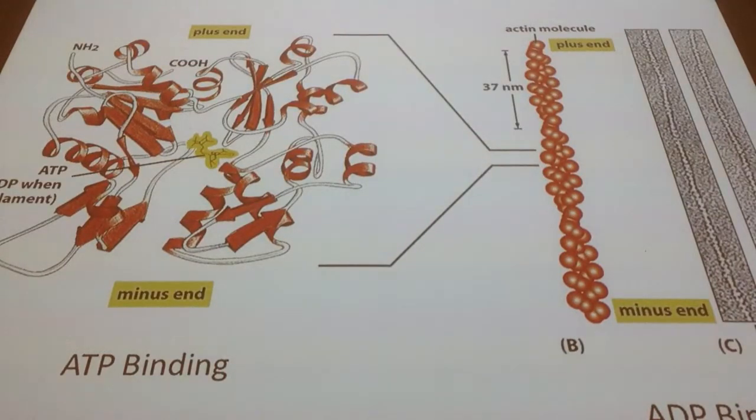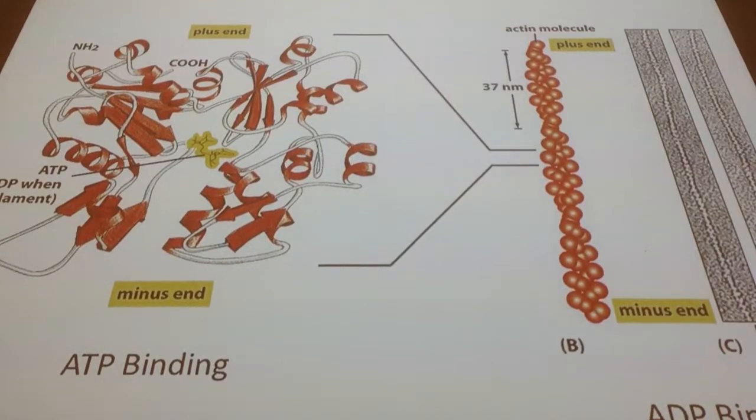However, if a G-actin is bound by an ADP, then that G-actin cannot be used. Don't say that one form is an active form and the other one is an inactive form. This has nothing to do with function. This has to do with binding, right?